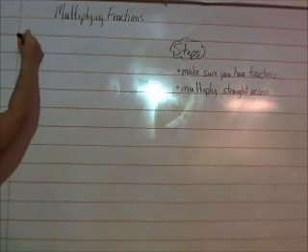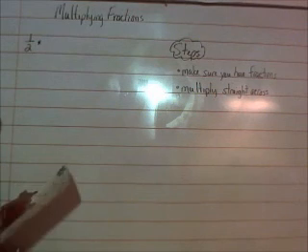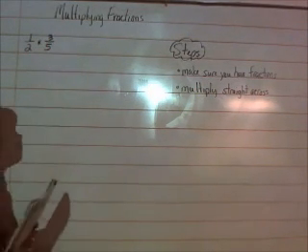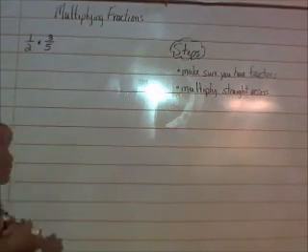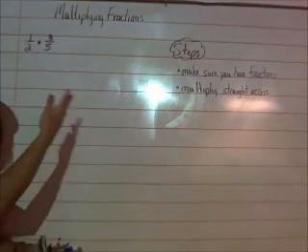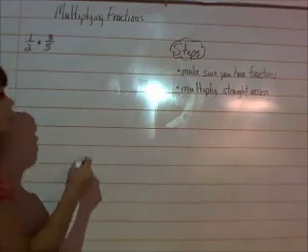First one, let's say you have 1/2 times 3/5. Well, I have step 1, make sure you have fractions. Well, they're fractions. So step 1's taken care of. Step 2, multiply straight across.